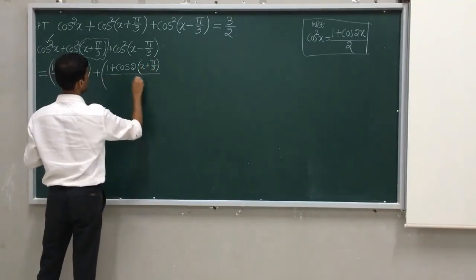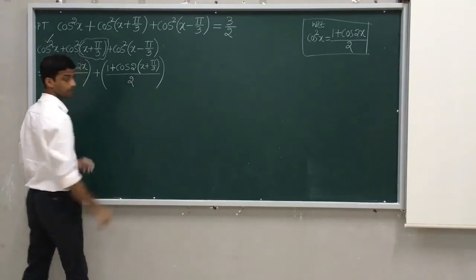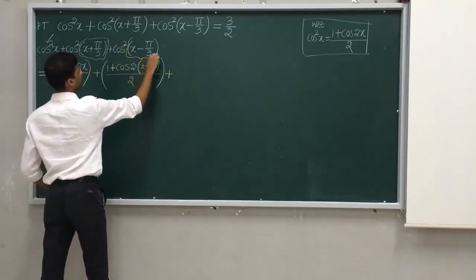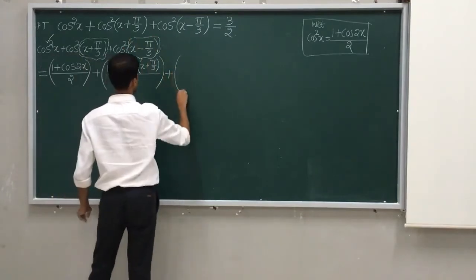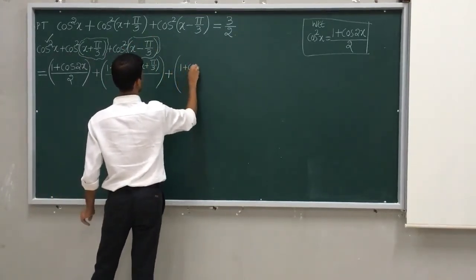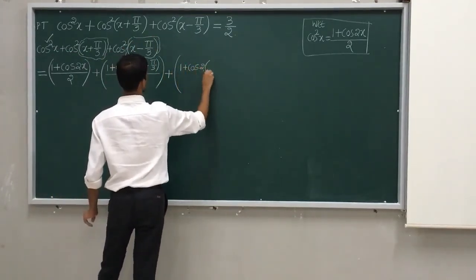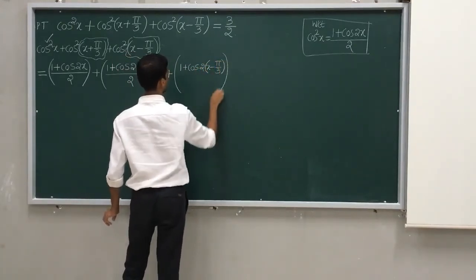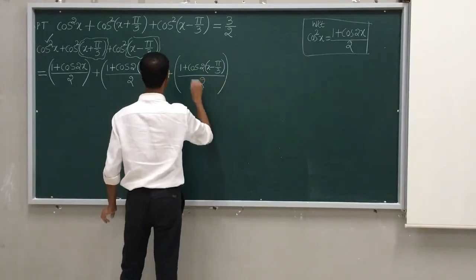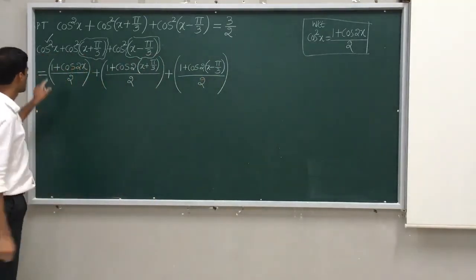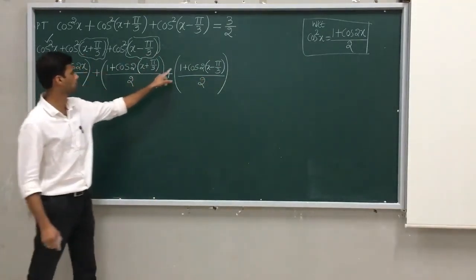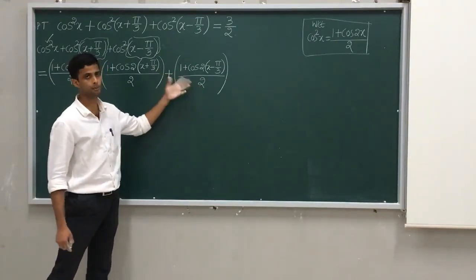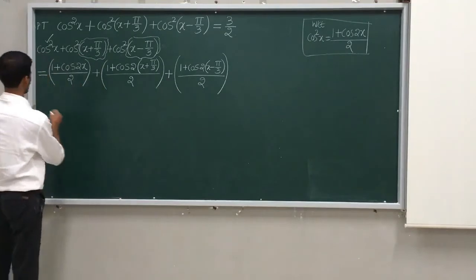Third, again cos square only, but in place of x we have x minus pi by 3. It is (1 plus cos 2 times (x minus pi by 3)) upon 2. If you observe, 1 by 2, 1 by 2, 1 by 2 is nothing but 3 times 1 by 2. It is 3 by 2.